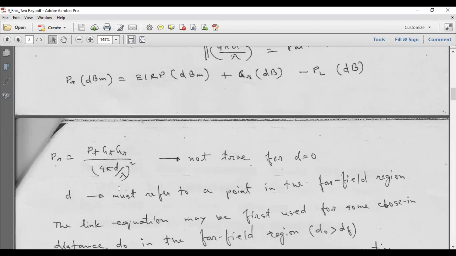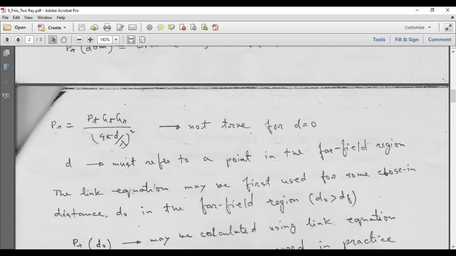In fact, you don't have to do that either, because people don't put a receiving antenna that close. Or you are even not allowed to do that. You are supposed to put your antenna in the far field region, not in the near field. It's actually prohibited to use a receiving antenna in the near field region, so you have to put it in the far field region.